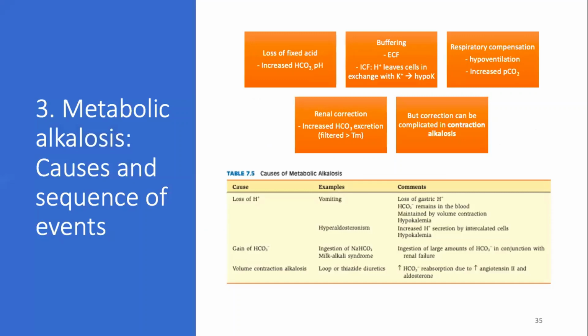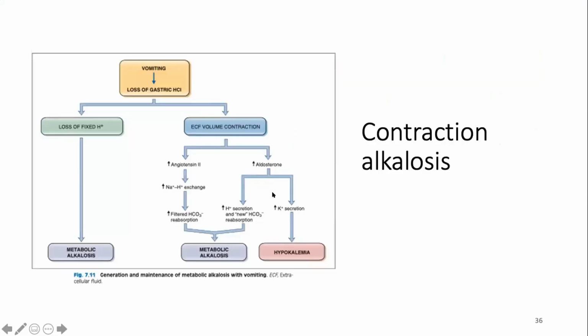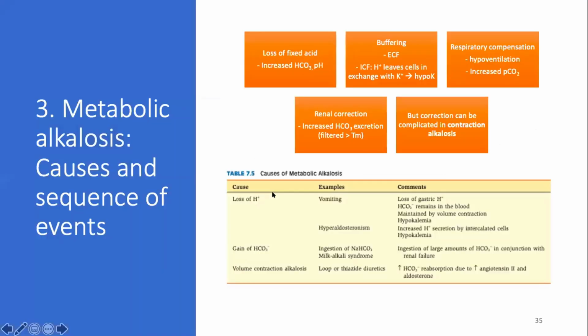Okay, I need to talk about the contraction alkalosis. In terms of metabolic alkalosis, you will have hypoventilation as the respiratory compensation, so that you can increase the carbon dioxide retention. But the correction can be complicated in contraction alkalosis, meaning that when you lose so much H plus, at the same time you also lose some water.